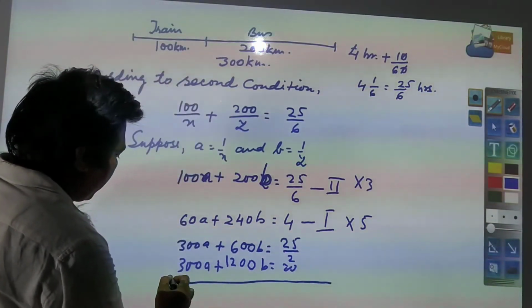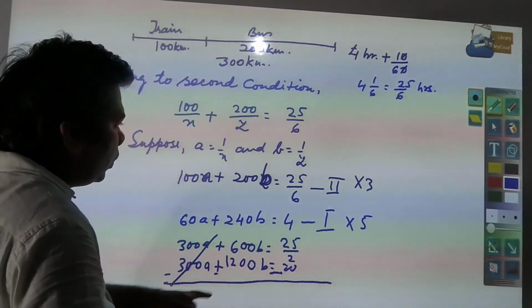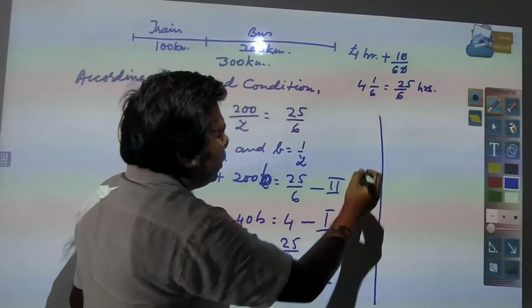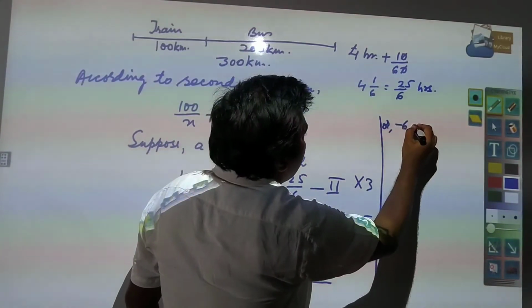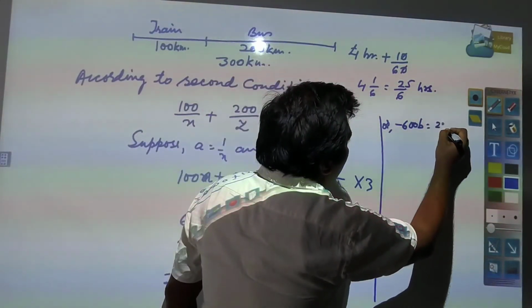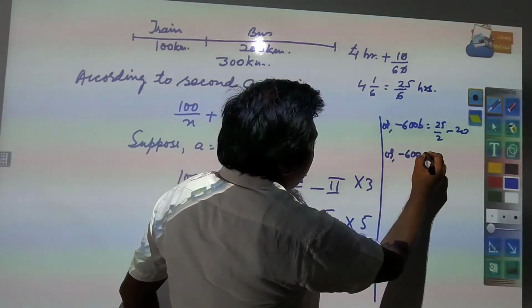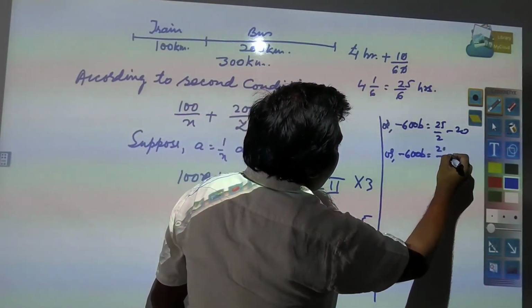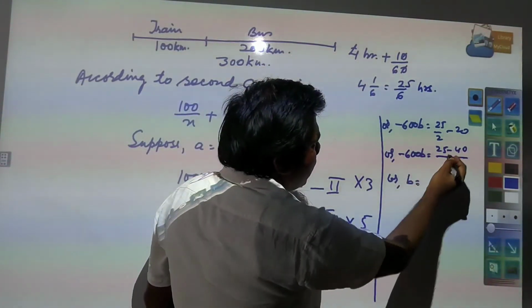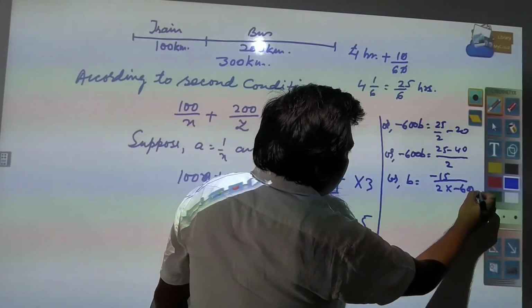Now this is required to be subtracted. If you are subtracting, this will be cancelled. You will be having minus 600b is equal to 25 by 2 minus 20, or minus 600b is equal to 25 minus 40, or b will be equal to minus 15 by 2 into minus 600.